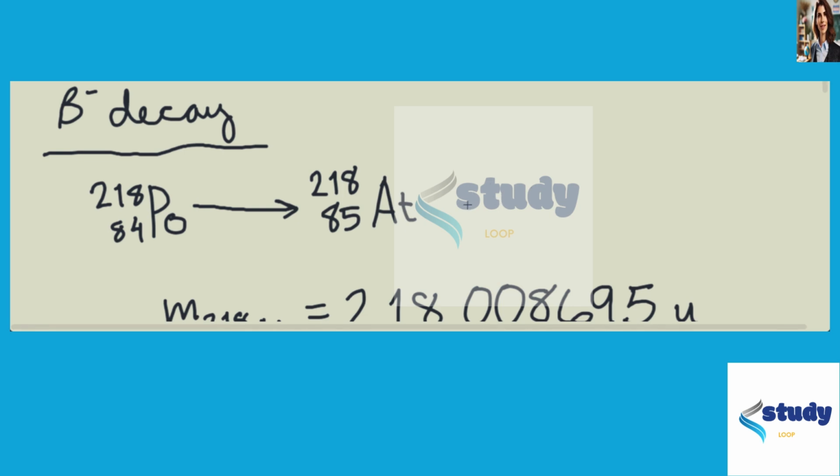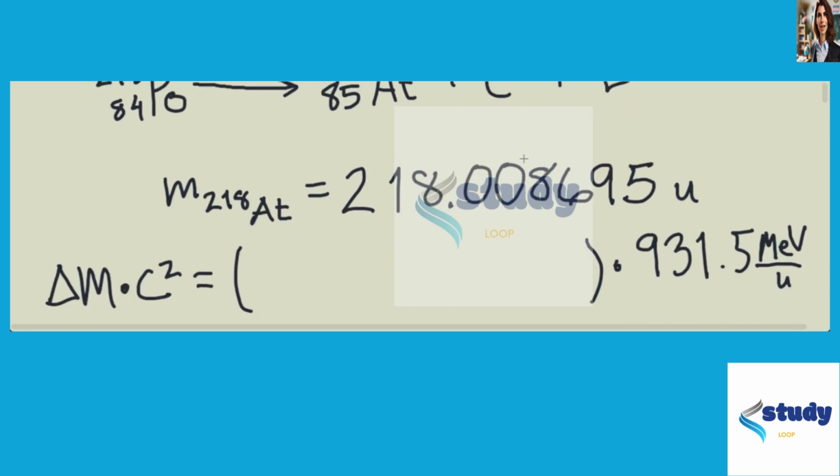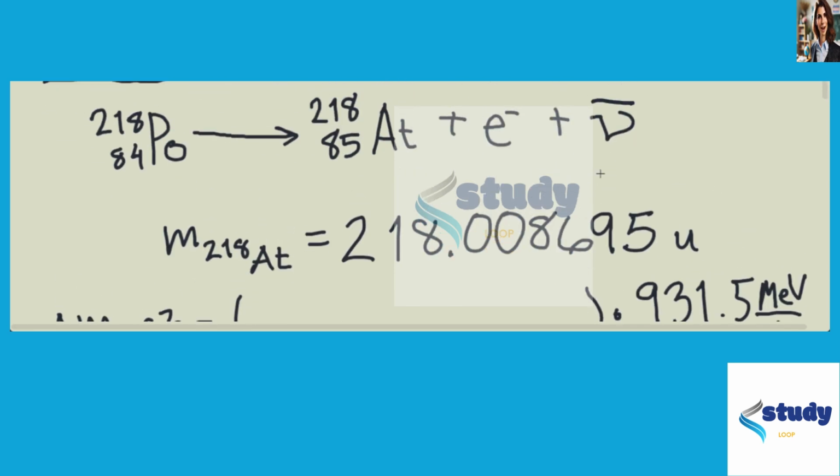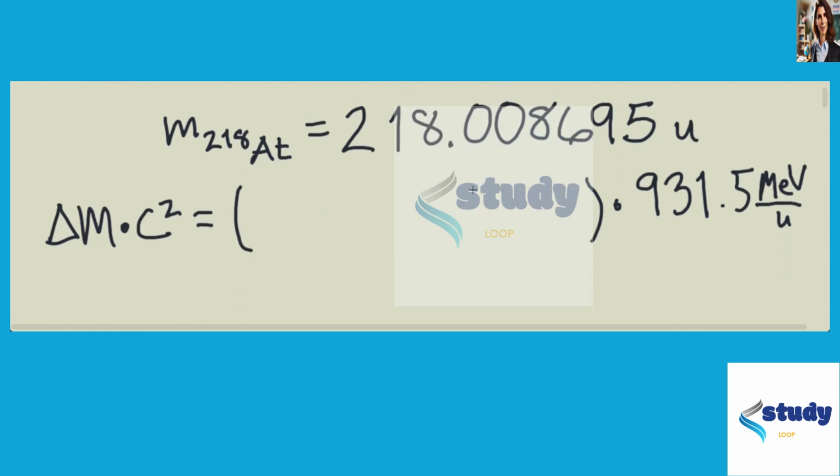And then we also have our outgoing electron as well as an outgoing antineutrino. Looking up the atomic mass of astatine 218, we find that that mass is 218.008695 atomic mass units.